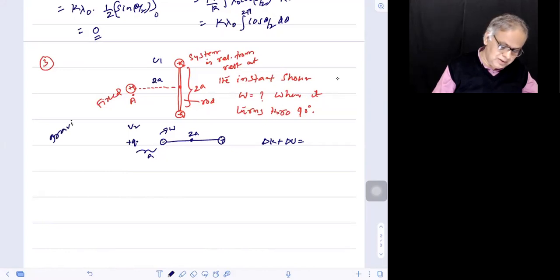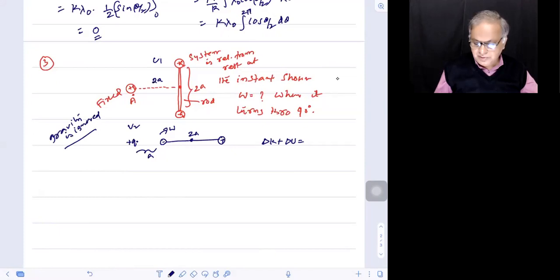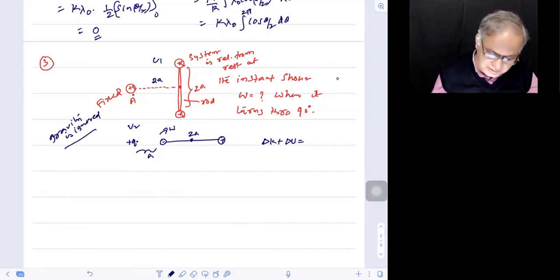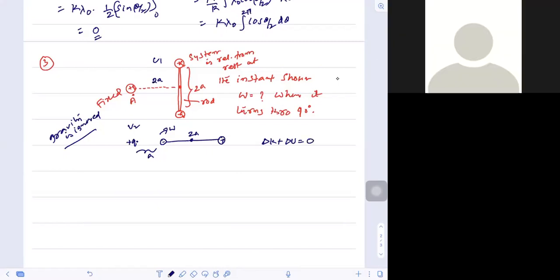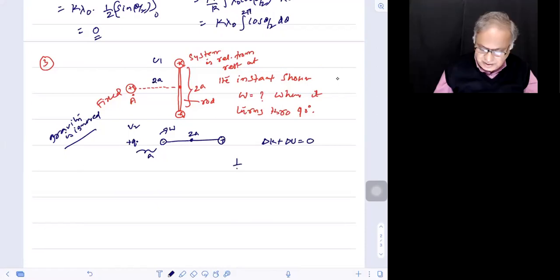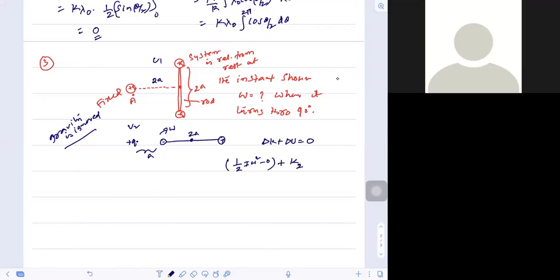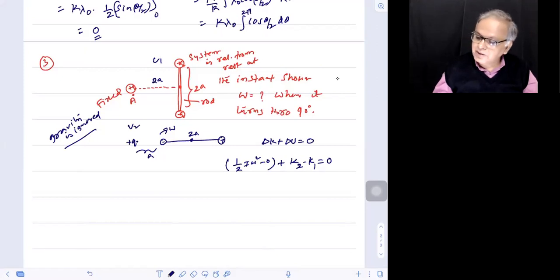If it is not given, you may do it this way. So work done is 0, because there is no other force than electrostatic force, isn't it? Delta K means half I omega square minus 0, plus U2 minus U1 equals 0.